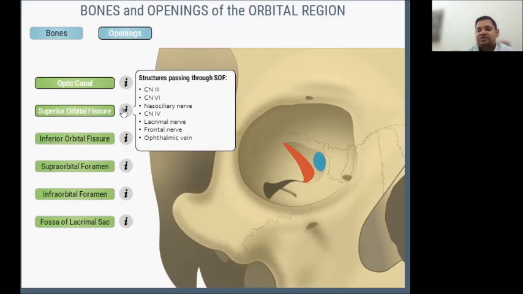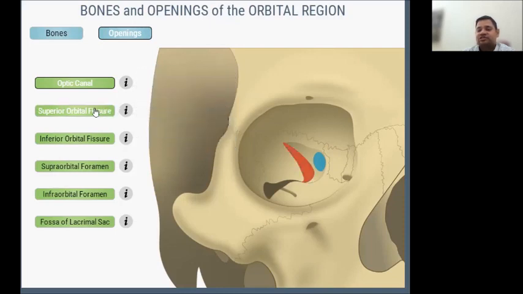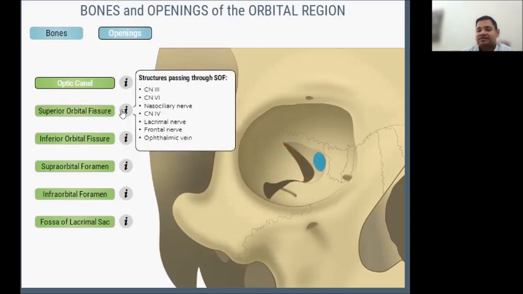These are going to pass through the superior orbital fissure. So this is a very important question which can be asked as a short question: the contents or structures passing through the superior orbital fissure. 3, 6, nasociliary nerve, cranial nerve number 4, lacrimal nerve, frontal nerve, and ophthalmic vein.